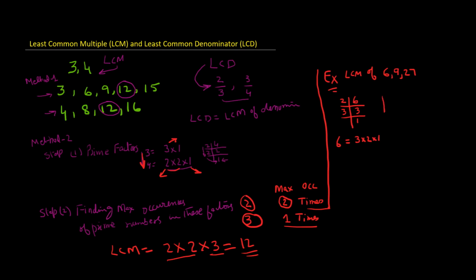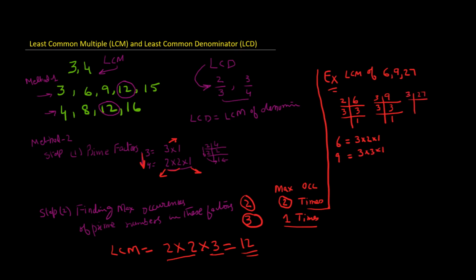The prime factors of 9, in a similar manner, 3 times 3, then 3, 1. When we get 1, we have the prime factors of 9, which are 3 multiplied by 3 multiplied by 1.